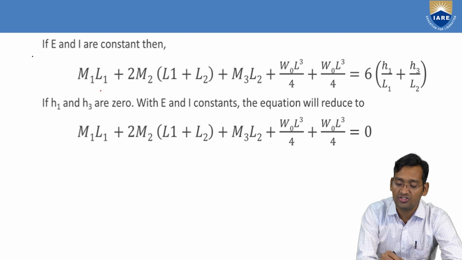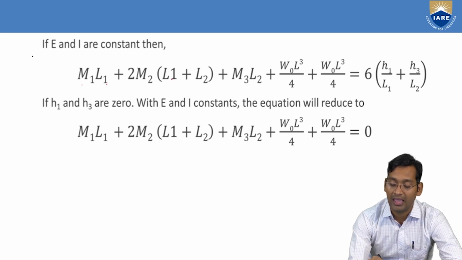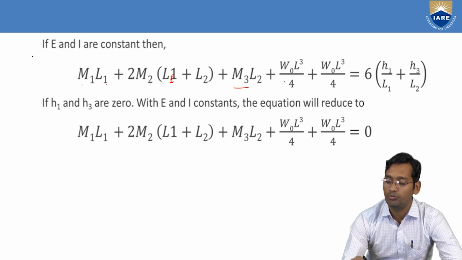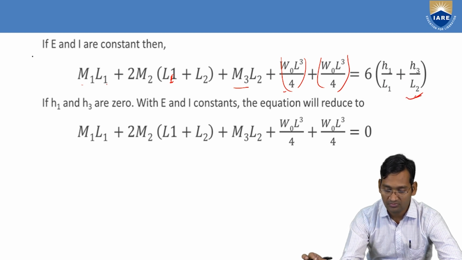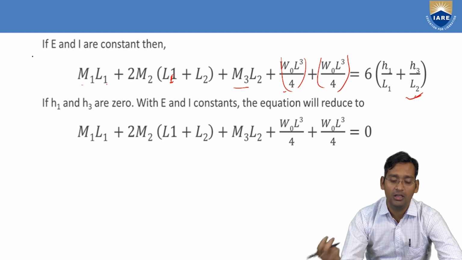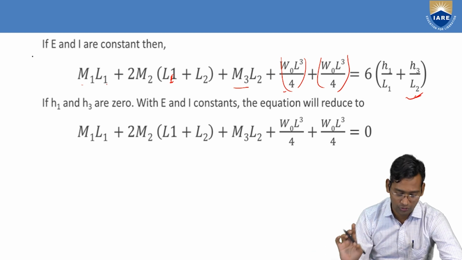If E and I are constant, then this becomes M1 L1 plus 2 M2 into (L1 plus L2) plus M3 L2 plus W naught L cubed by 4, only this is changed, and this W naught L cubed by 4 equals 6 into (H1 by L1 plus H3 by L2). Now for unsettling condition, H1 and H3 should be equal to 0.